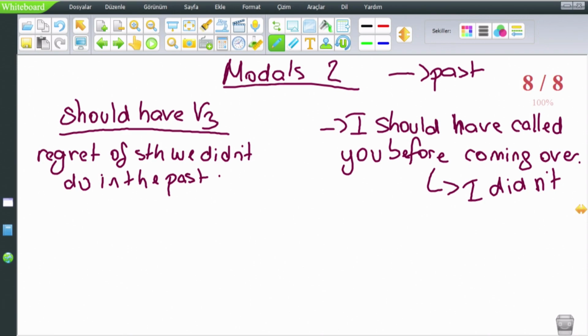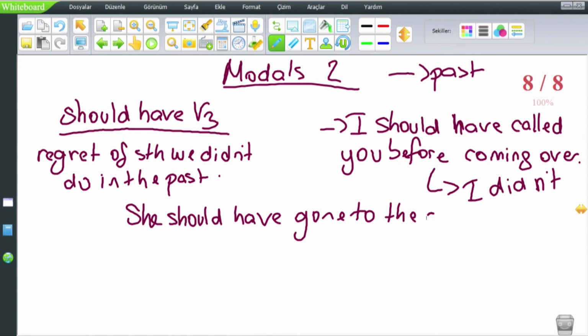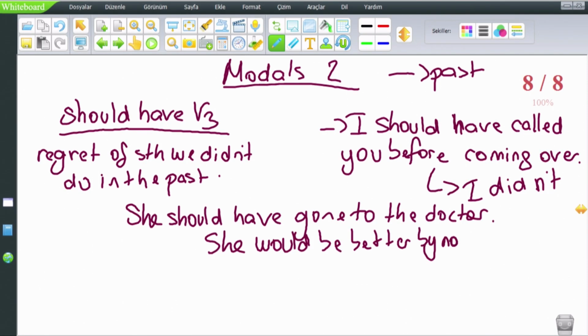But now I regret it and I wish that I did. She should have gone to the doctor, she would be better by now. She should have, but what we understand is she didn't.